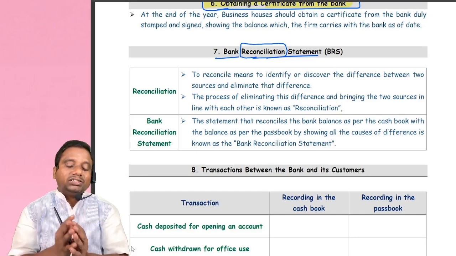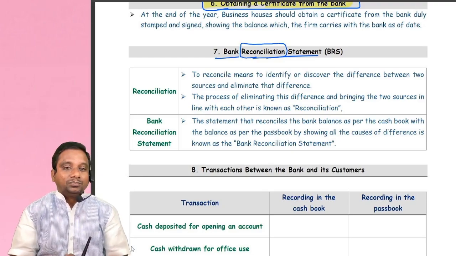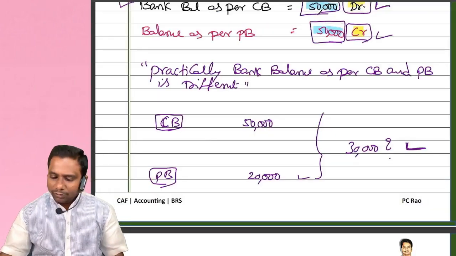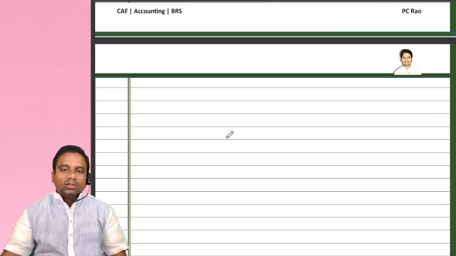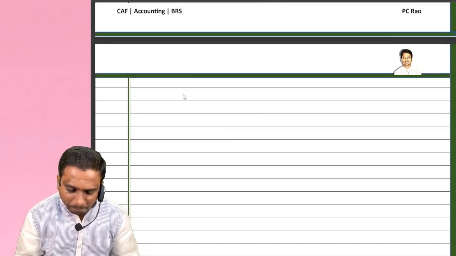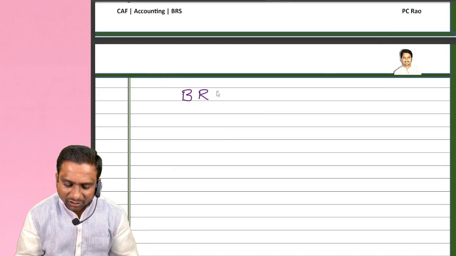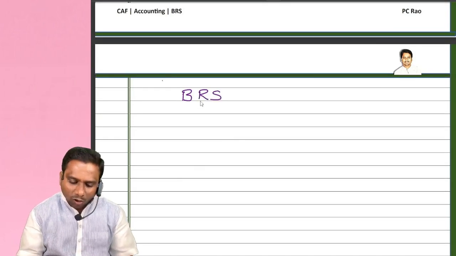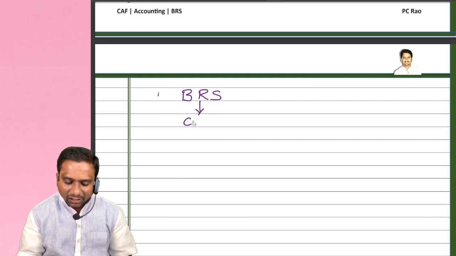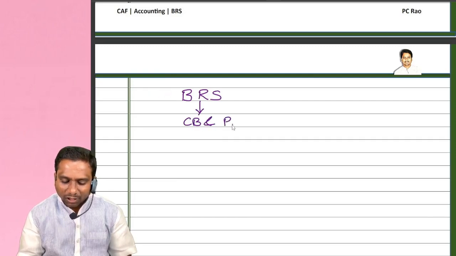This process is called reconciliation. Observe carefully here, in the bank reconciliation statement, what we are reconciling: cash book and passbook are reconciled.